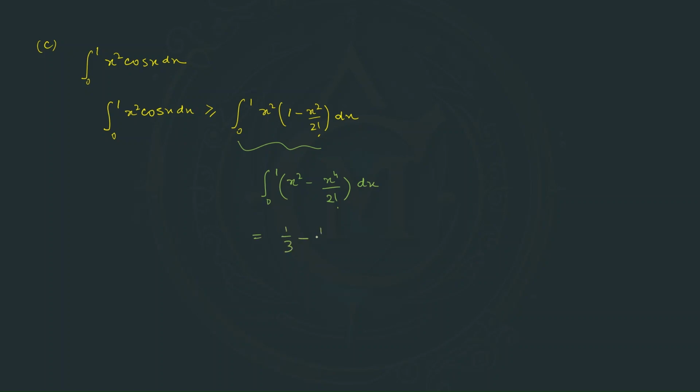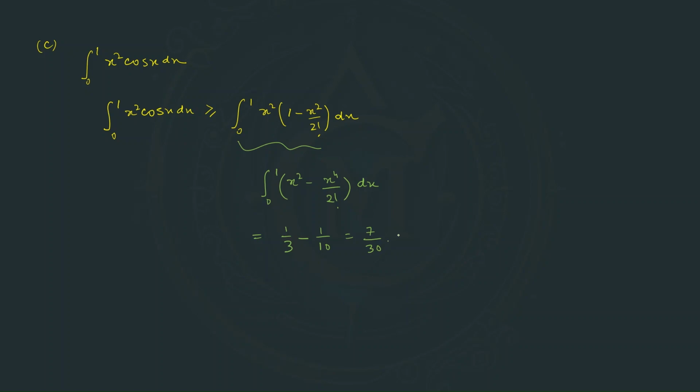So we can say by the same logic that integral 0 to 1 x square cos x dx will be greater than or equal to integral 0 to 1 x square times 1 minus x square by 2 factorial dx. So if we solve this right hand side integral, it will become integral 0 to 1 x square minus x to the power 4 divided by 2 factorial dx. So it will be 1 by 3 minus 1 by 5 into half, so 1 by 10. That means 7 by 30.